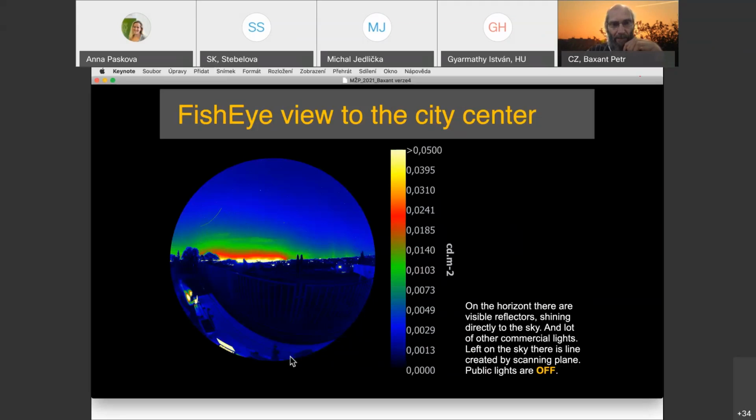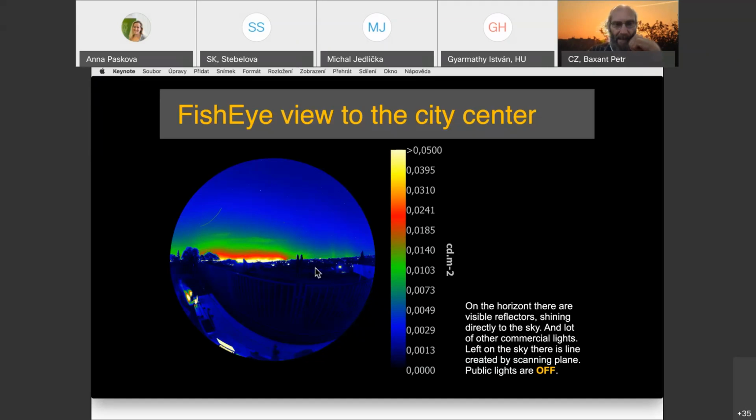So it's just for notes. And the luminance image here shows how the city looks during the experiment when the public lights are off.